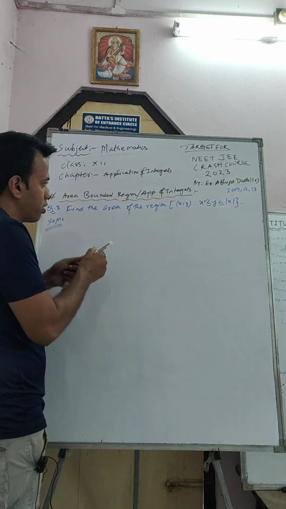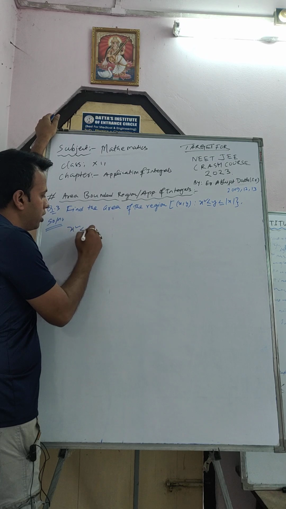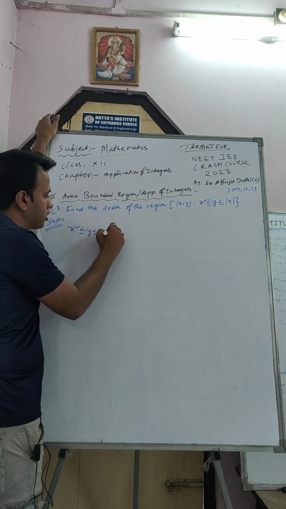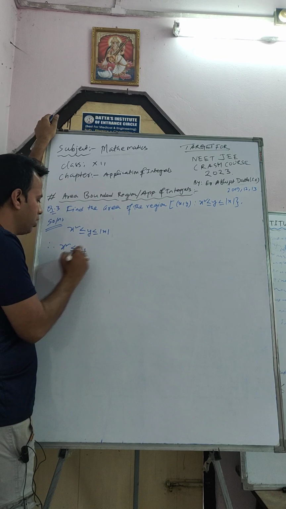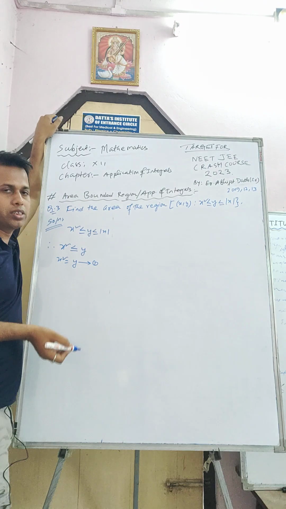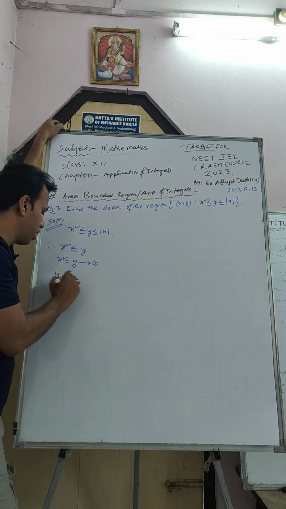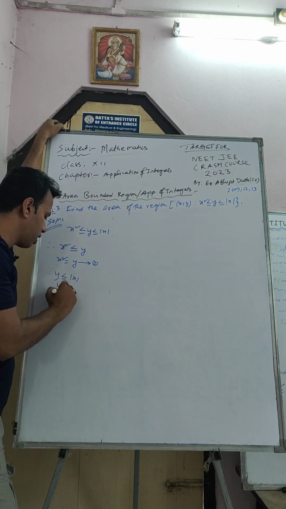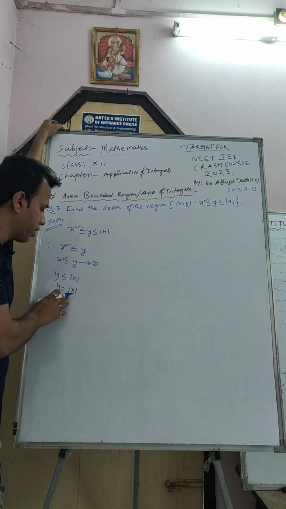So from the equation we can write here what is given. Given x² ≤ y ≤ |x|. From that, one equation is x² ≤ y, that is x² = y. We convert this inequality to an equation. Another is y ≤ |x|, that is y = |x|. Okay, but one interesting thing: what is |x|?